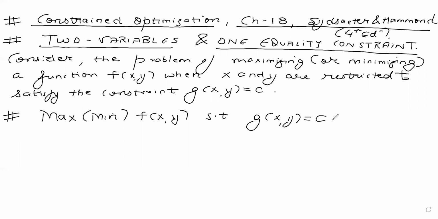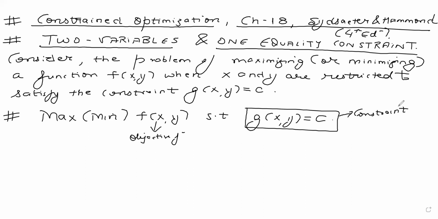Objective function is f as a function of x and y, and g of xy equal to c is my constraint, which is holding true at equality.